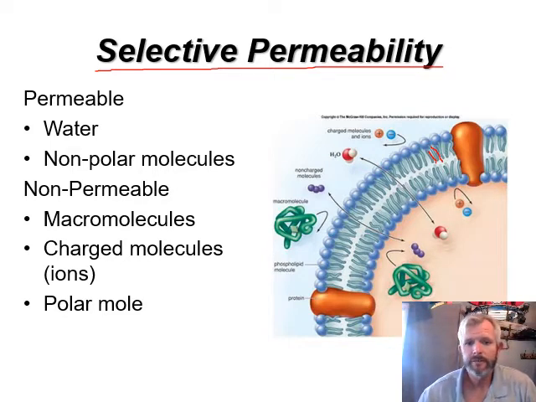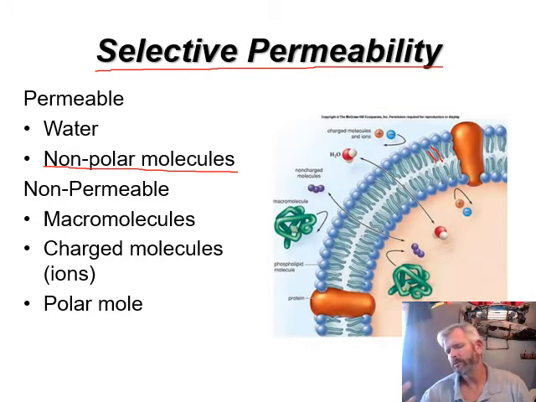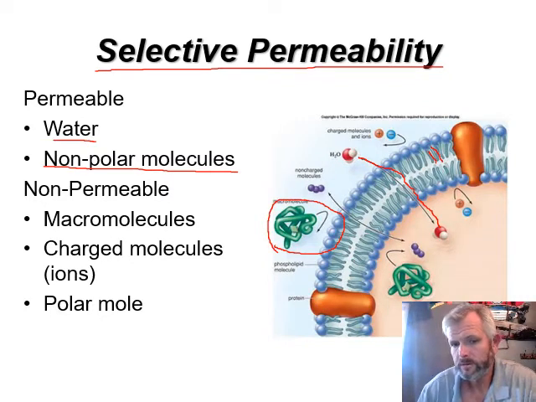So the things that are permeable are small nonpolar molecules. If you remember, we talked about steroid hormones. They are made from cholesterol, very nonpolar. They can zip right through this membrane. Another small molecule, but polar, is water. Water is kind of unique in that it can wiggle its way through here. But big stuff, big macromolecules, big proteins that are polar, they can't make their way through here.